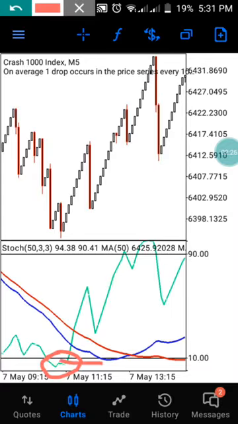When this is confirmed, then you wait for your two moving averages to cross the oscillator line. Then this is the right time for you to catch your candles with this strategy.